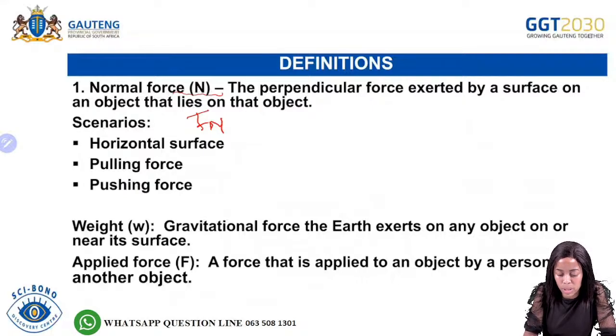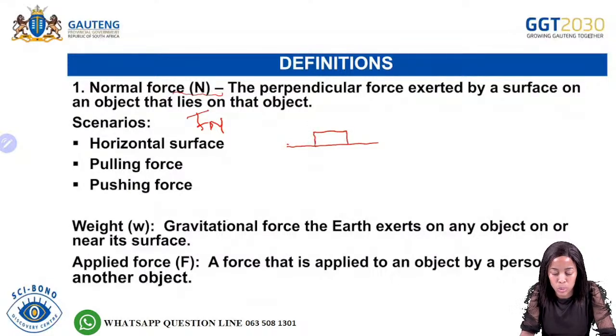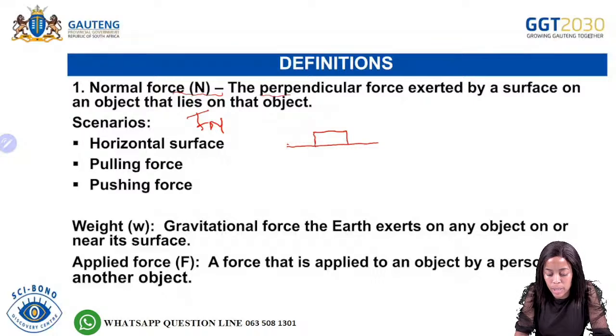So as a representation of the normal force, let's say this was your object, and you needed to draw your normal force. This is what you are going to do. The definition says it is the perpendicular force that is exerted by a surface.